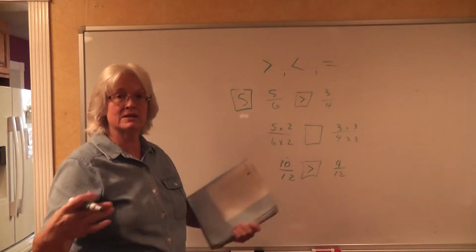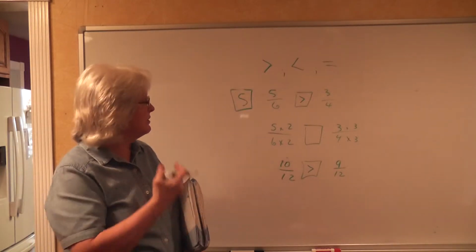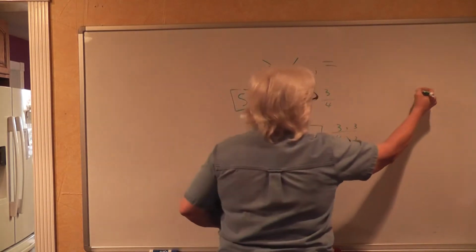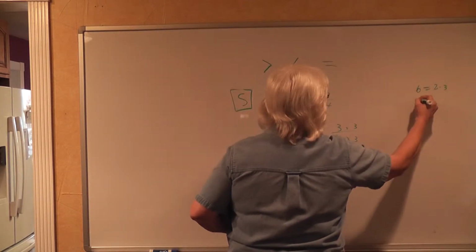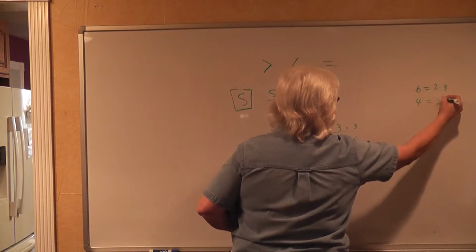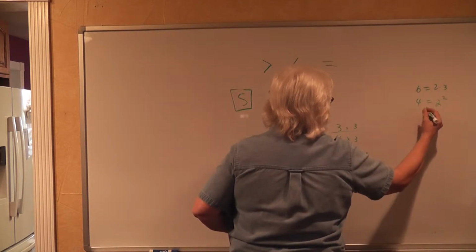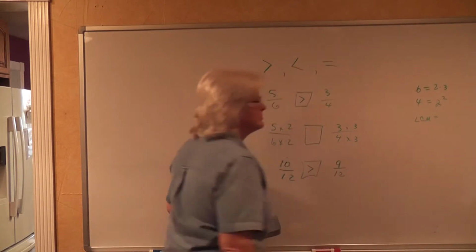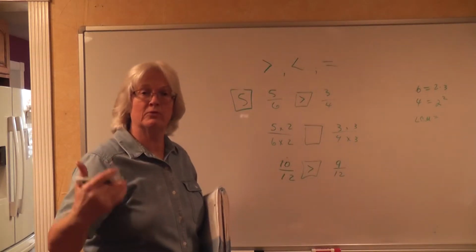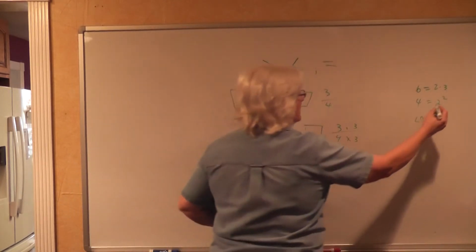You could always get, remember, your common denominator? You could say that 6 was equal to 2 times 3, and 4 was equal to 2 squared. So your common denominator is going to be your least common multiple, which you remember from last chapter how to find.